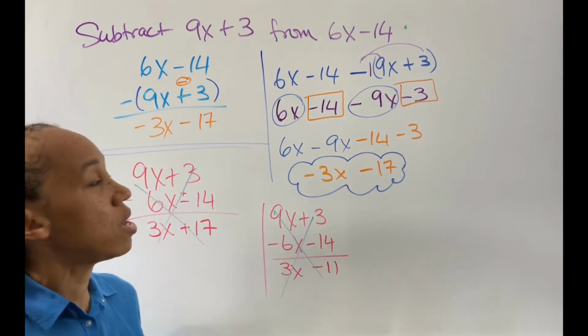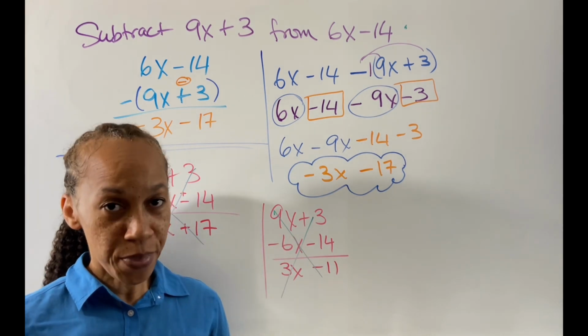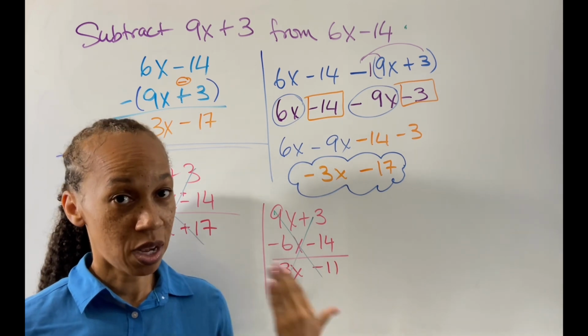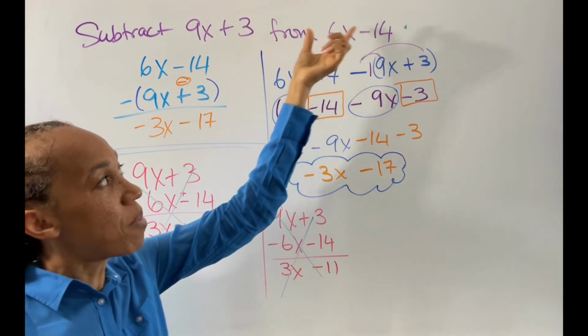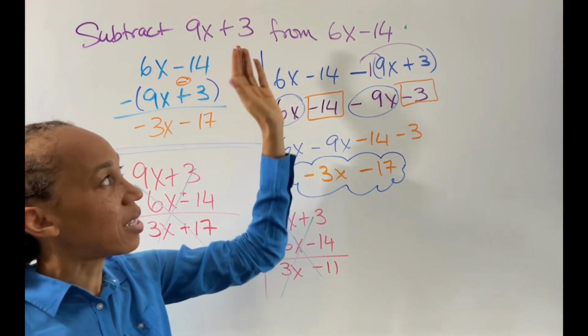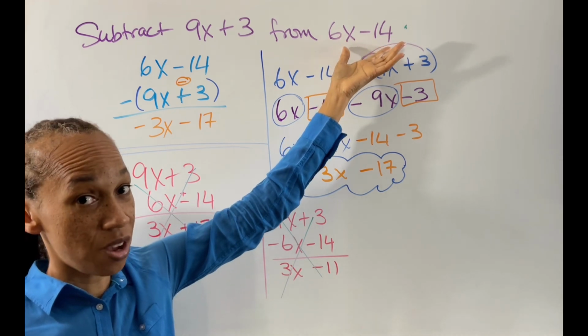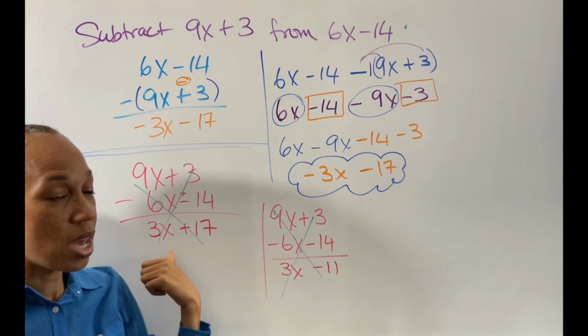Read the problem properly and write what it states in the question. It says subtract this from this, not the reverse. So do not start out with this first and then take away this. You'll end up with the incorrect answer.